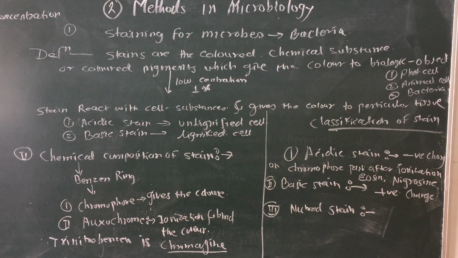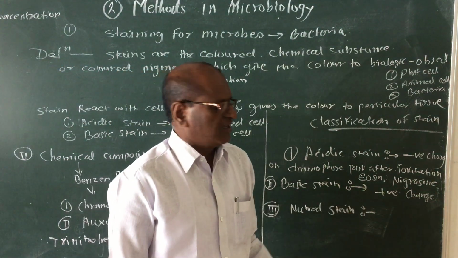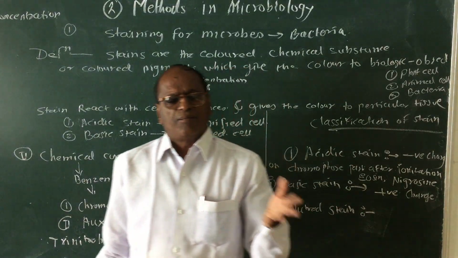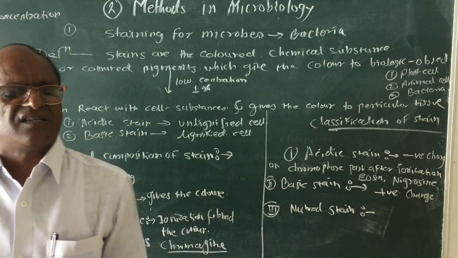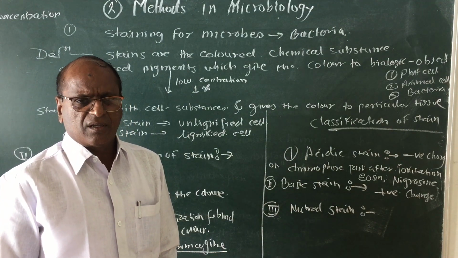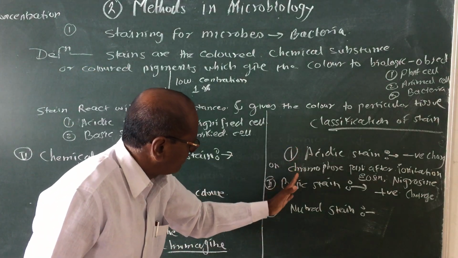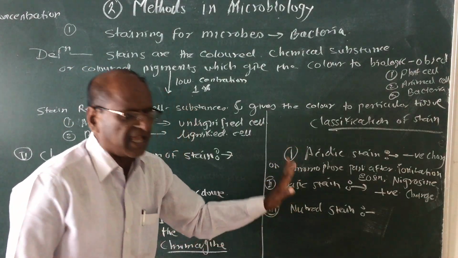The chromophore part of the methylene blue is positively charged. So, methylene blue is a basic stain. And the third type, the neutral stain, may be positively charged or negatively charged. In this way, they may be classified into three different types.